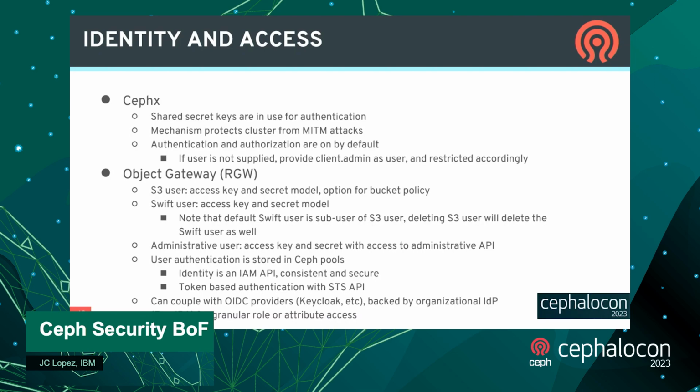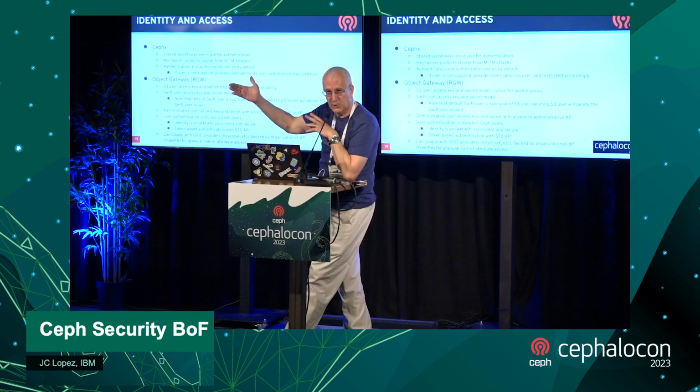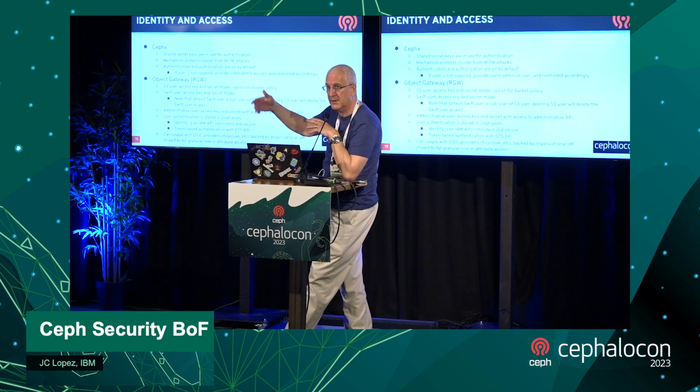As most of you know, if you do not specify a client name or client ID on the CLI, you are trying to connect to the cluster using client.admin. So guess what? If you don't have the keyring and you do not distribute the keyring for the client.admin user, no one can get root privilege, and you need to store that client.admin keyring in a safe place.